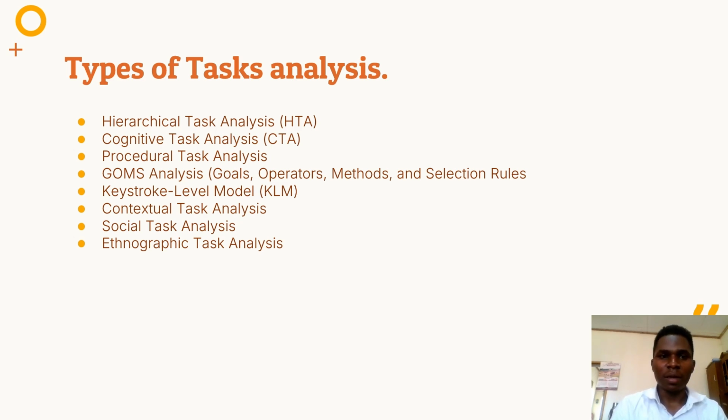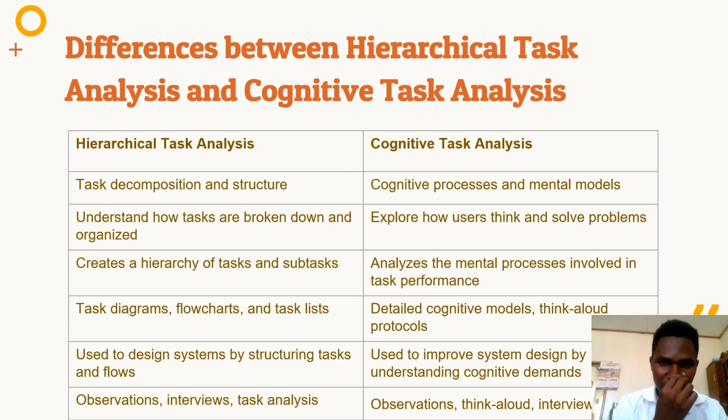Next is the differences between hierarchical task analysis, HTA, and CTA. As we earlier said, HTA looks at the task decomposition and structure. Okay, the structure is basically the hierarchy of the subtasks, then cognitive processes and mental models.